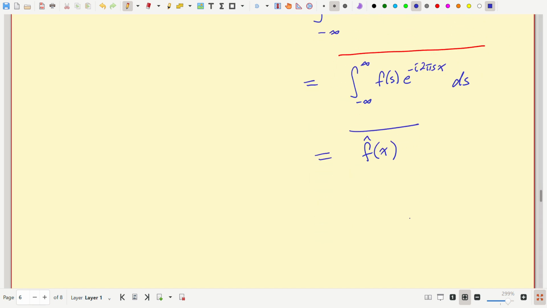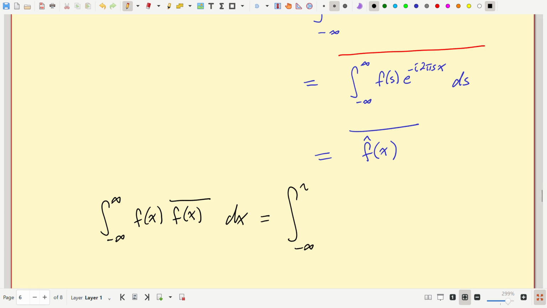Okay, so when I look back and see what I get here, I start out with the integral from minus infinity to infinity of f of x, and here I wanted to get an f conjugate of x. And that would be the integral from minus infinity to infinity, and here I would get f hat of x, and the thing that goes here I just figured out is f hat of x conjugate.